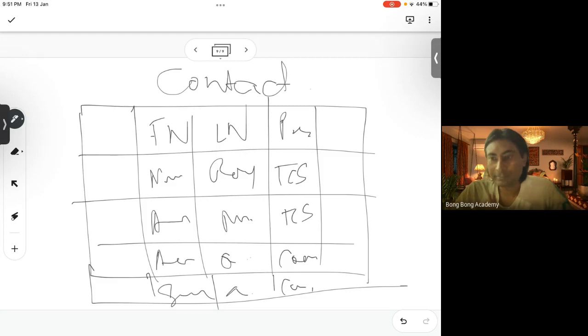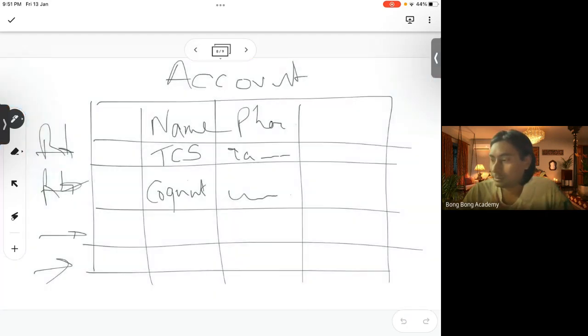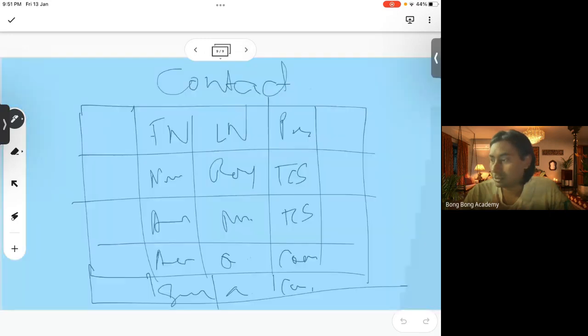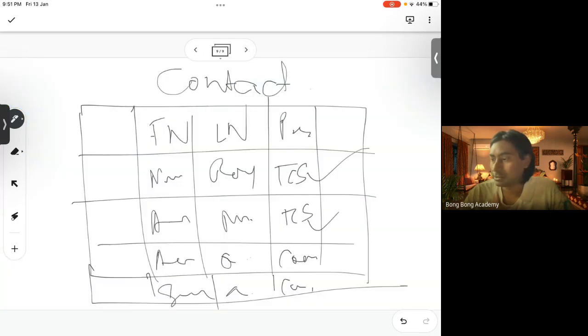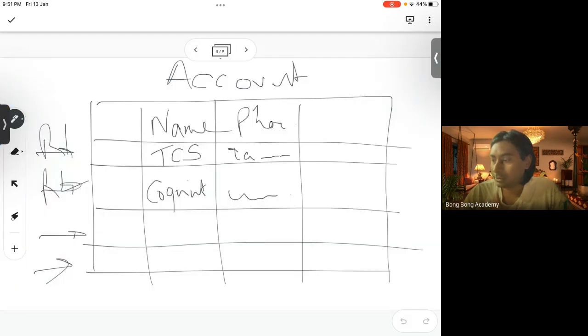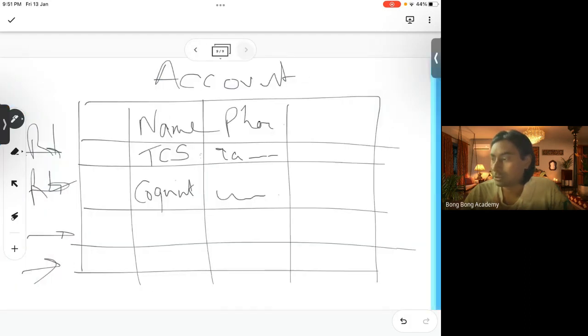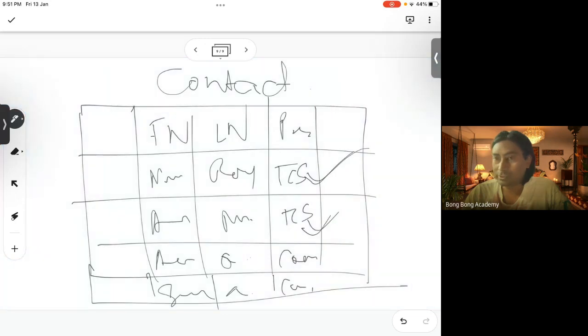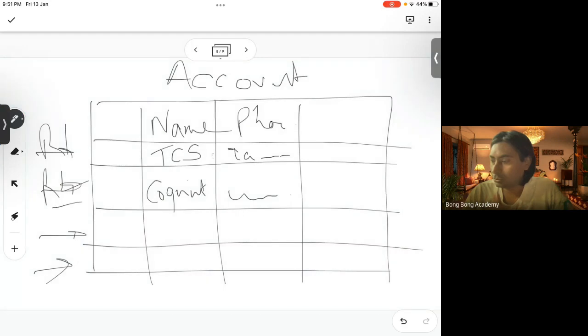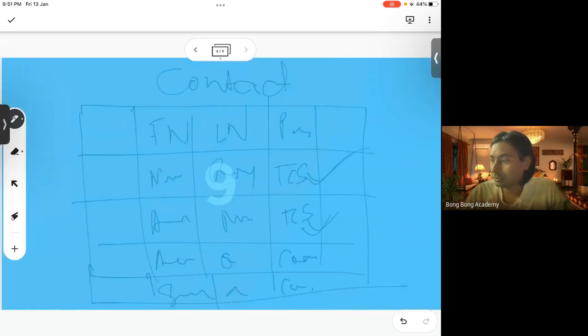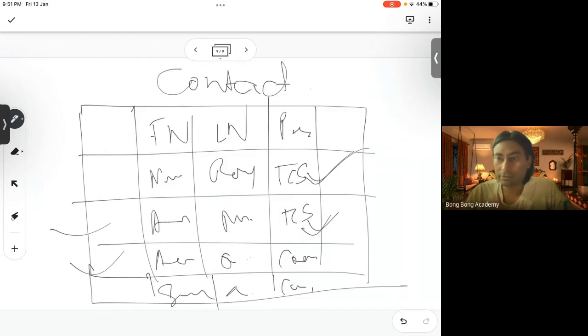So you have to associate an account with contact. Now you see this one TCS row is getting associated to two rows. That is a one to many relationship. Similarly, row 2 is getting associated to two rows again. So that is how account and contact have a one to many relationship.